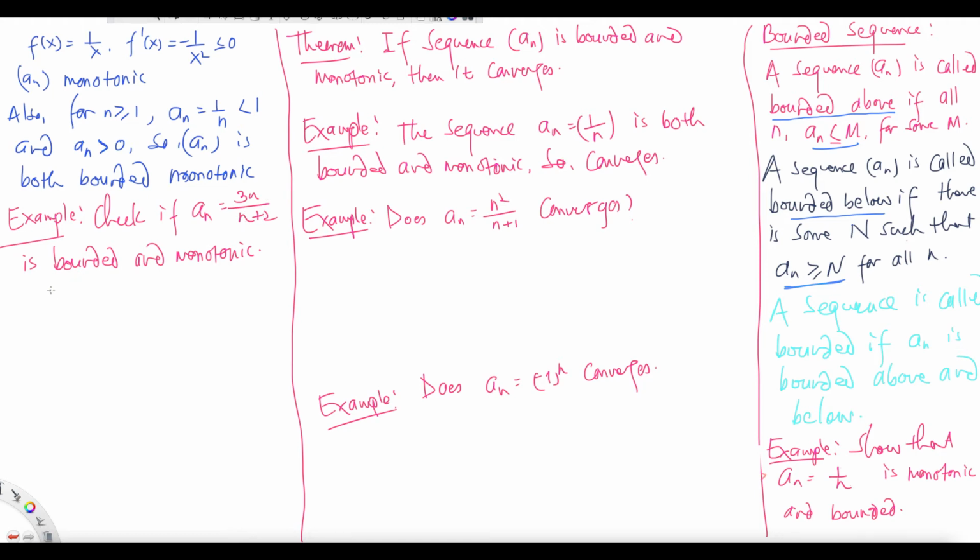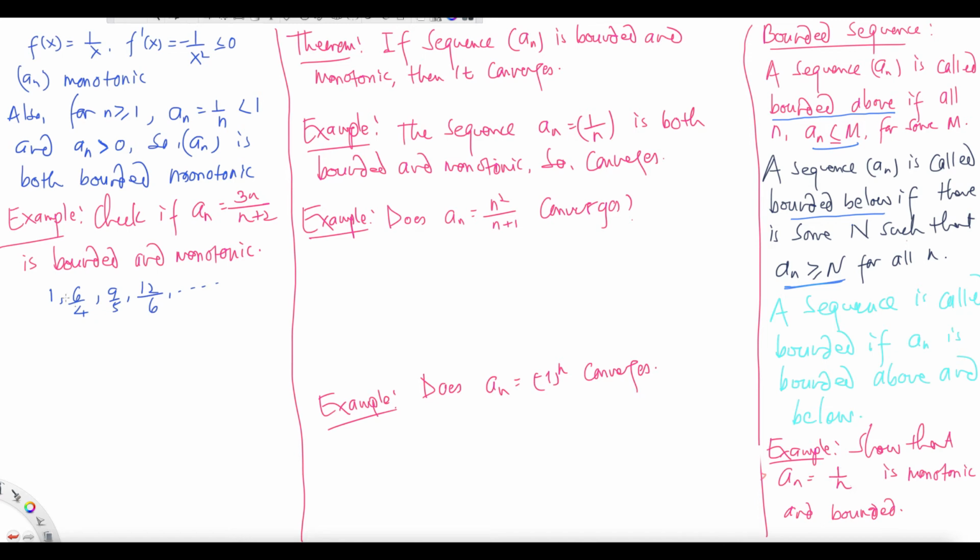The first term is 1 when you take n equals 1. The second term is 6 over 4. The third term is 9 over 5. The fourth term is 12 over 6, and so on.